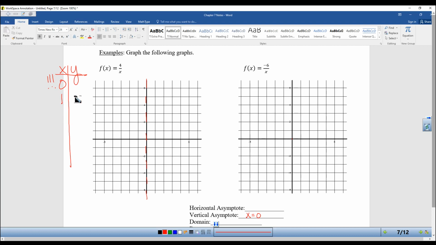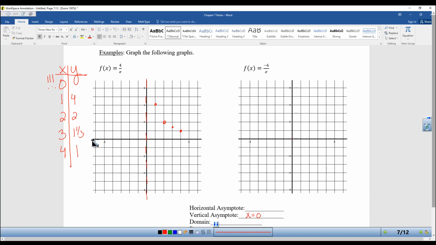And then we can plug in 1, and I get 4, 2, and I get 2, 3, and I get 1 1/3, 4, and I get 1. And that should be enough. And then 2, 2, 3, 1 1/3, 4, 1. And see, can you see that shape that it's making?